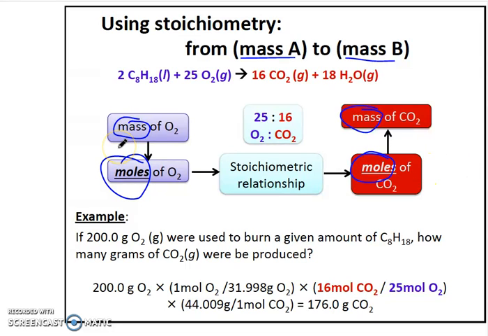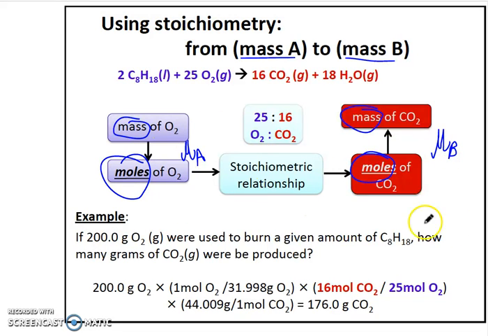And from that, we can actually calculate masses. To calculate the number of moles from the mass, remember that we need the molar mass of that compound. And to go from the number of moles of the second one to its mass in grams, we need to use its molar mass.